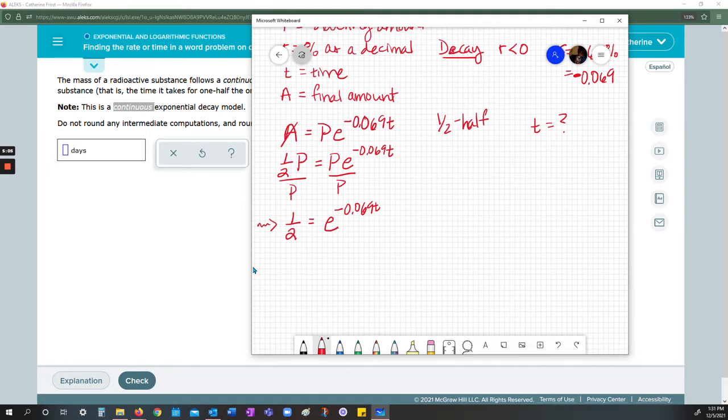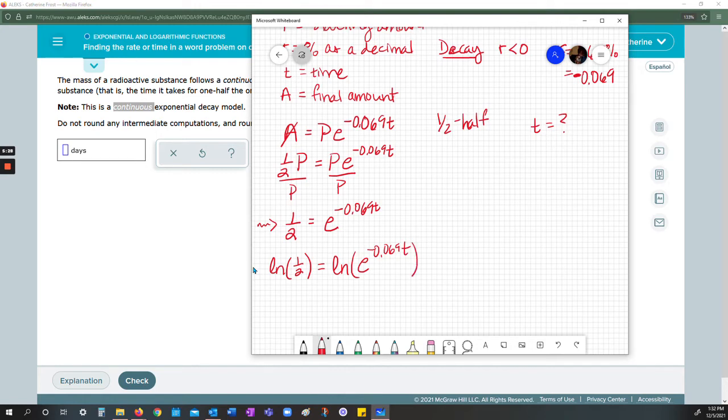Now, to get the t out of the exponent, we have to take a log. Since it's base e, we're going to take the natural log of both sides. So natural log of 1/2 is the same as the natural log of e to the negative 0.069t.